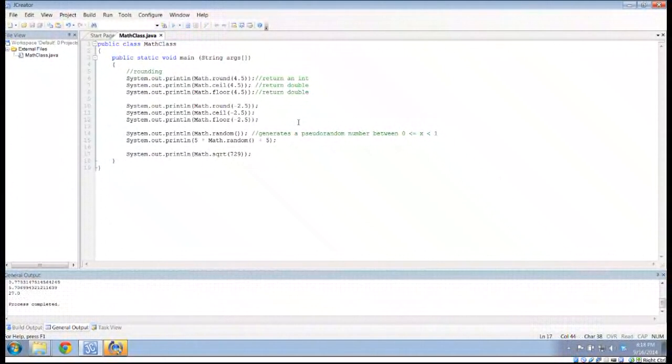Notice that it's giving it to me as a double. The thing is, almost all of these methods are going to return a double. The only method that's not returning a double is math.round.